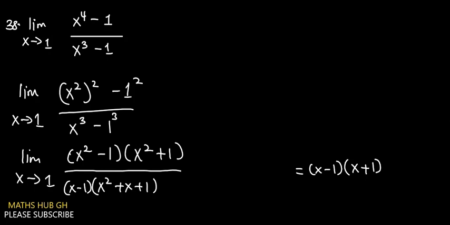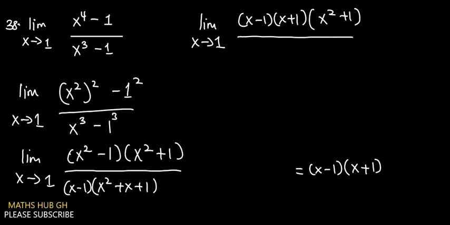So now we are going to have the limit as x approaches 1 for x minus 1 multiplying x plus 1, all this multiplying x squared plus 1, divided by x minus 1 multiplying x squared plus x plus 1.